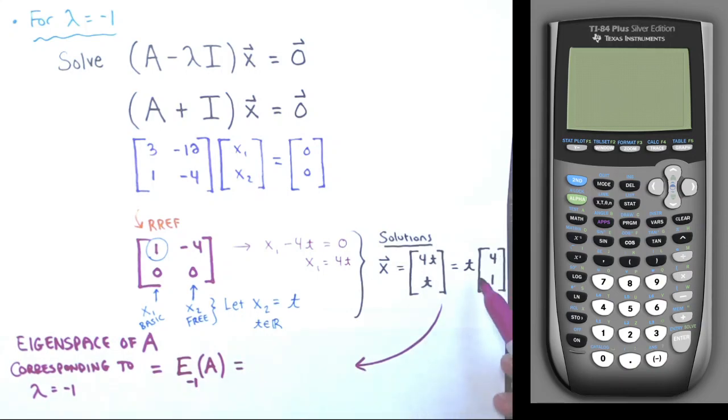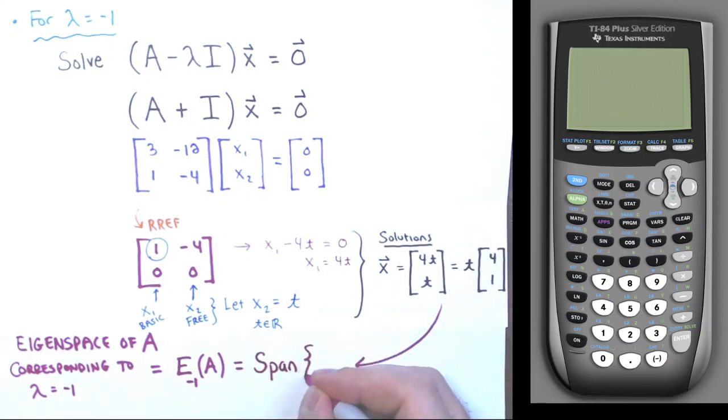Well, you could say it's all these vectors, write the description like this, but remember the set of all vectors that are scalar multiples of 4, 1 is simply the span of that set with the vector 4, 1 in it.